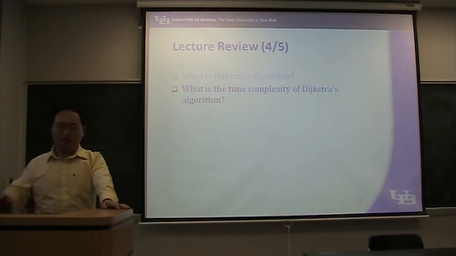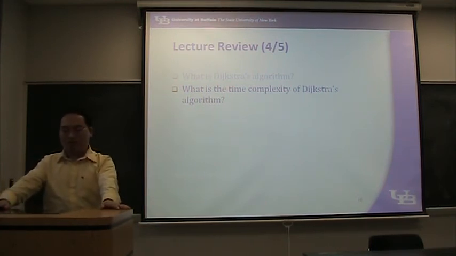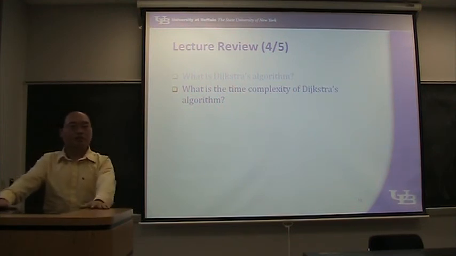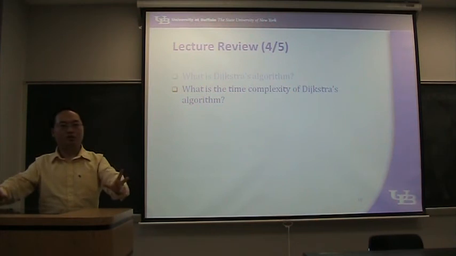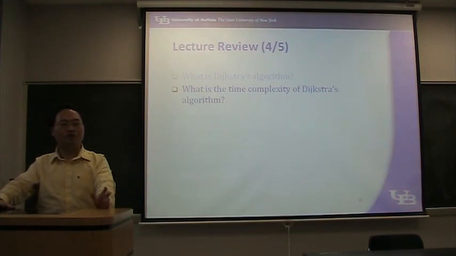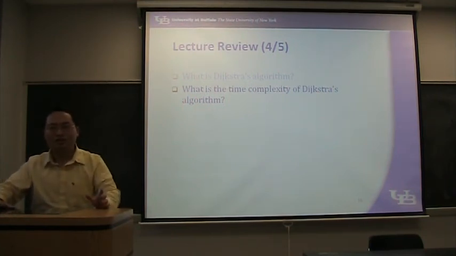Now, do you remember what the time complexity is of Dijkstra's algorithm? Can somebody remember? If n is representing the total number of nodes, then what's the simplest form of Dijkstra's algorithm? I mean, in the best situation. N cubed.